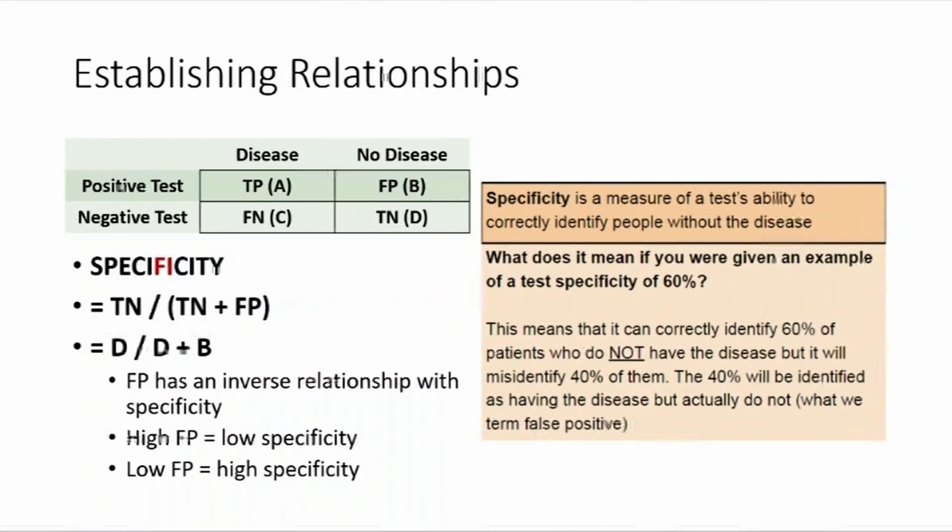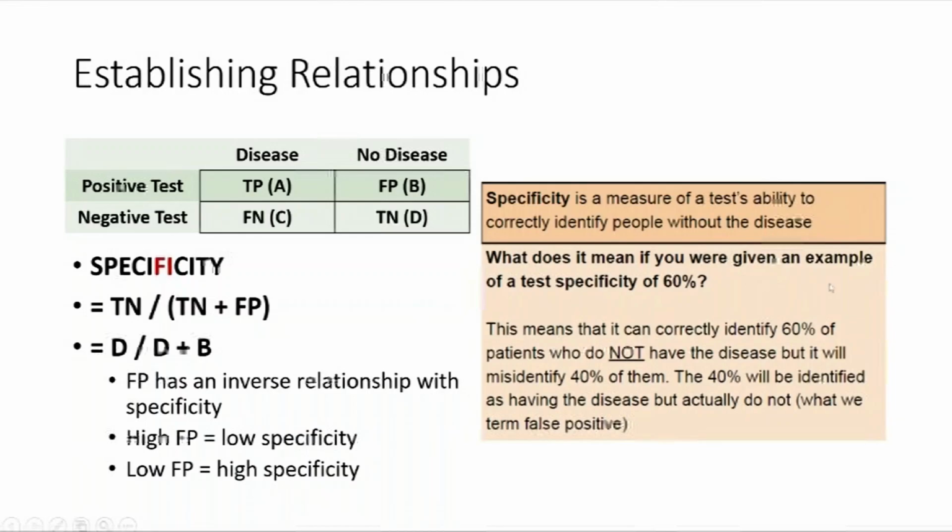Specificity is a measure of a test's ability to correctly identify people without the disease. So when somebody doesn't have the disease, then the test will be negative for the disease. And that's why we say specificity is a test of negativity. It's giving you negative for somebody who does not have the disease. And it's a test of fitness, FI for fitness.